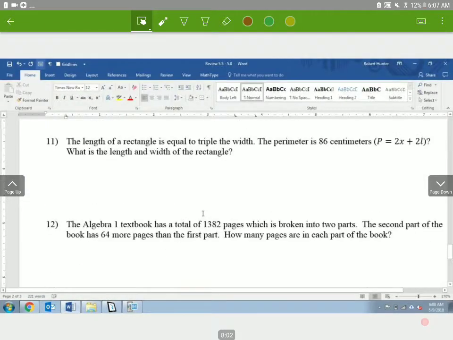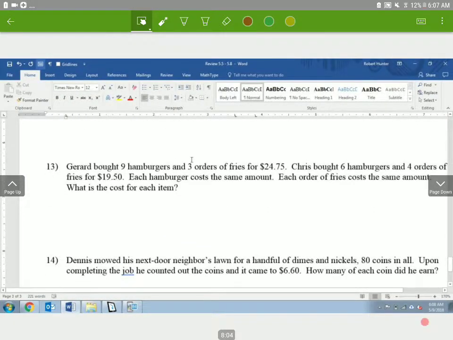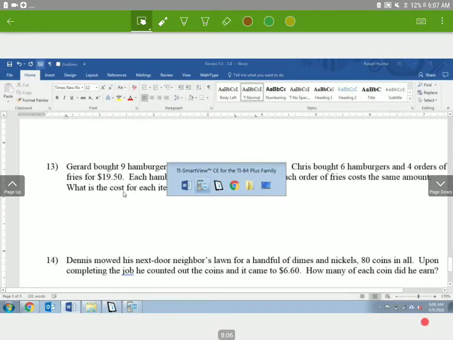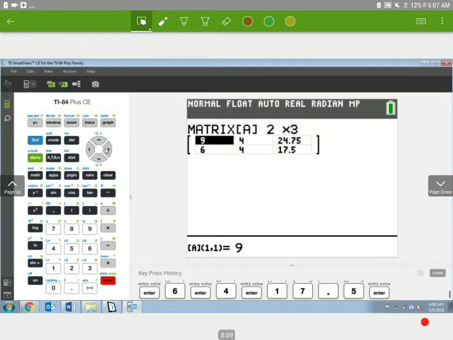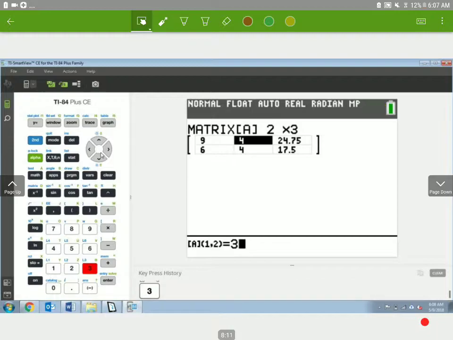I can just scroll down here. 9, 3, 24.75, 6, 4, 19.50. Glad I looked. And again, don't try to erase these, just type over them.